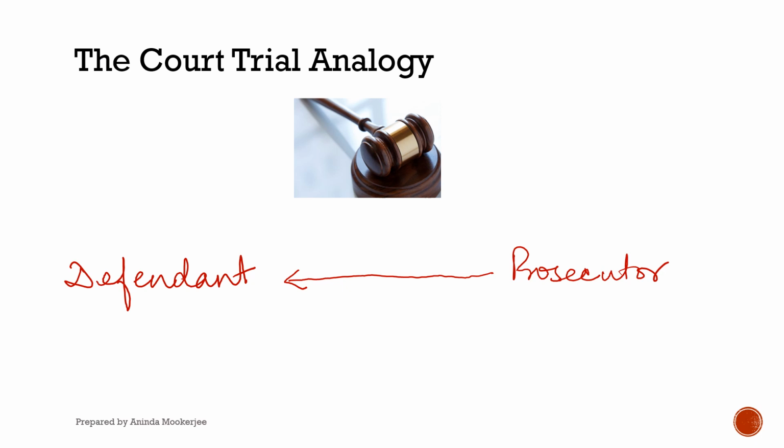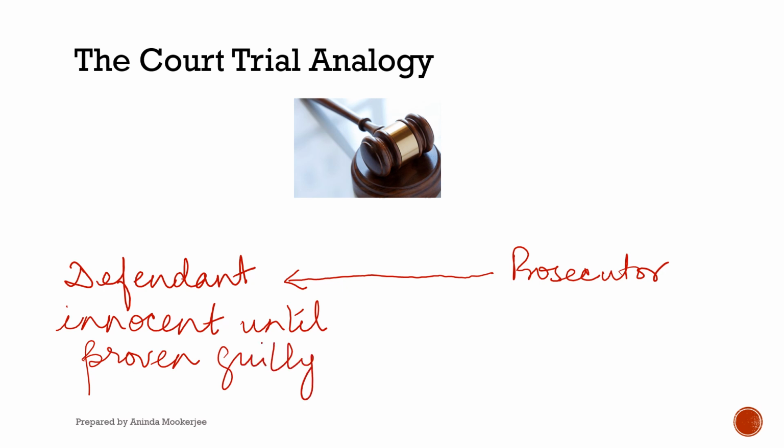Now, in our justice system, as you know, the defendant is always considered innocent until proven guilty, correct? Until proven guilty. Now, just because somebody is saying that the person is guilty doesn't mean that the person should be thrown out. The prosecutor has to provide evidence against the defendant and prove that the defendant is guilty.